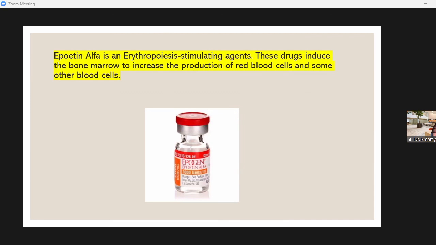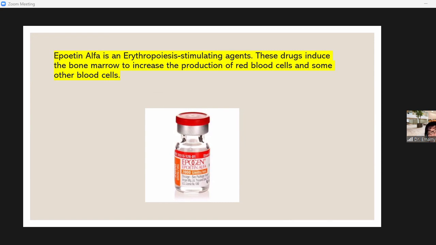What is epoetin alfa? Epoetin alfa is synthetic erythropoietin. Remember, erythropoietin is the hormone that our kidney makes. Erythropoietin stimulates production of red blood cells. So imagine a patient has severe anemia, or a patient has end-stage renal disease, so the kidney doesn't work and doesn't make erythropoietin.